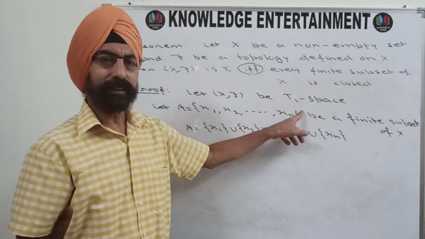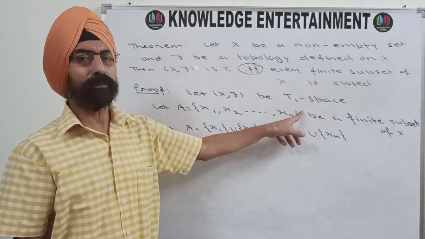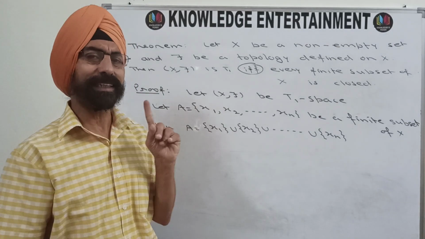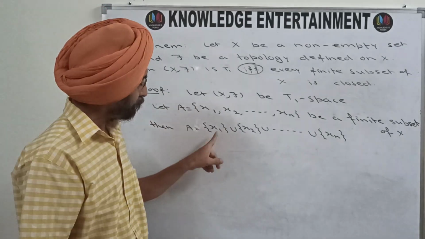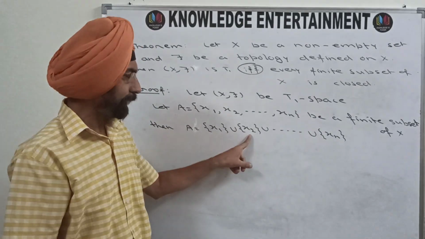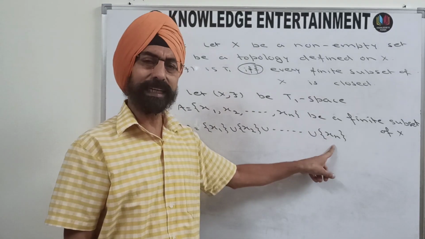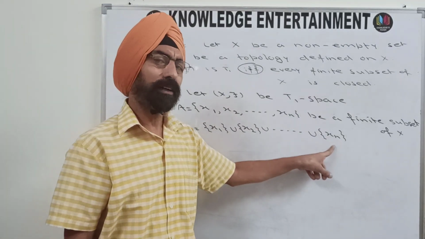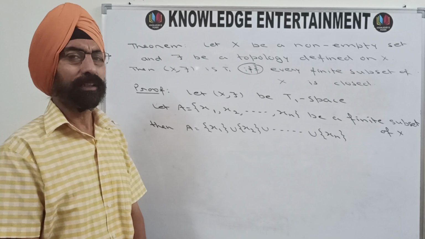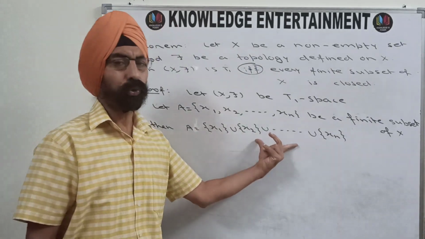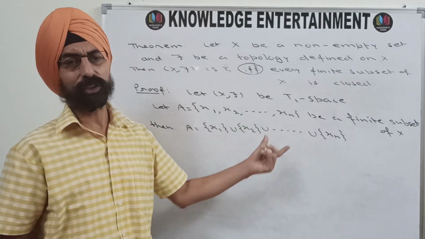The space is T1, and in the previous theorem we have proved that the singleton sets will be closed. So this set is closed, this set is closed, this set is closed, and from our previous knowledge we know that the finite union of closed sets is closed.